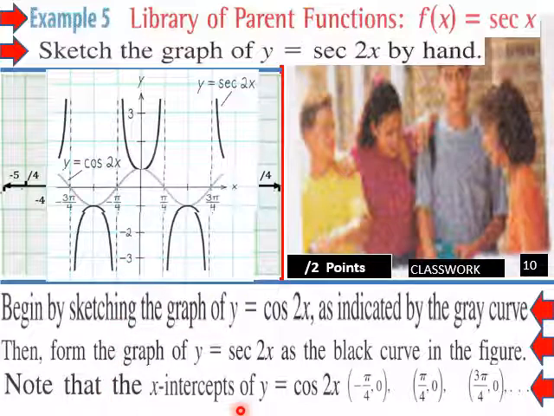Note that the x-intercepts of y equals cosine 2x are negative pi over 4, which would be here, then pi over 4 would be here, and then 3 pi over 4, which would be here. Those would be your x-intercepts. Again, this is where the sine curve intersects the x-axis as well.